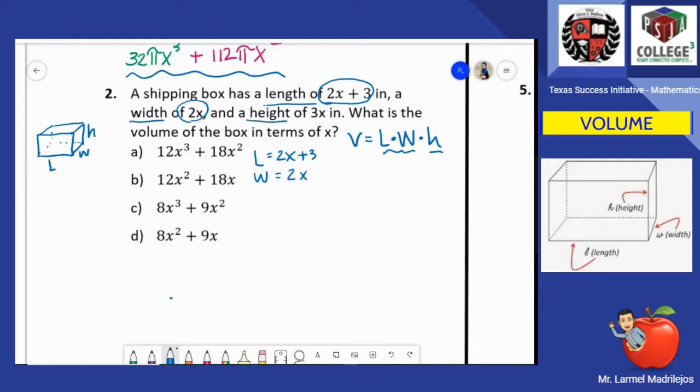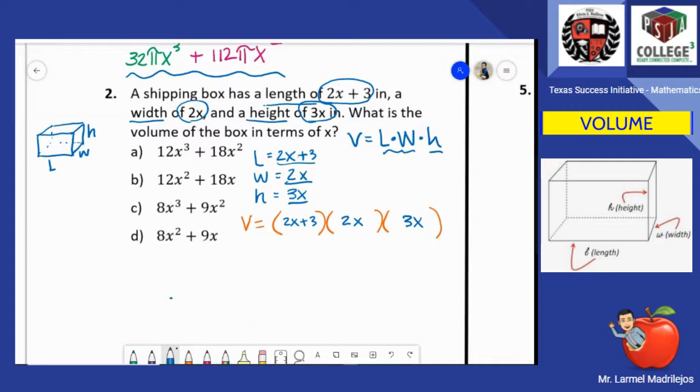And the height is 3x. This time I'm going to write the formula with parentheses for length, width, and height and substitute the values. The length is 2x plus 3, the width is 2x, and the height is 3x.